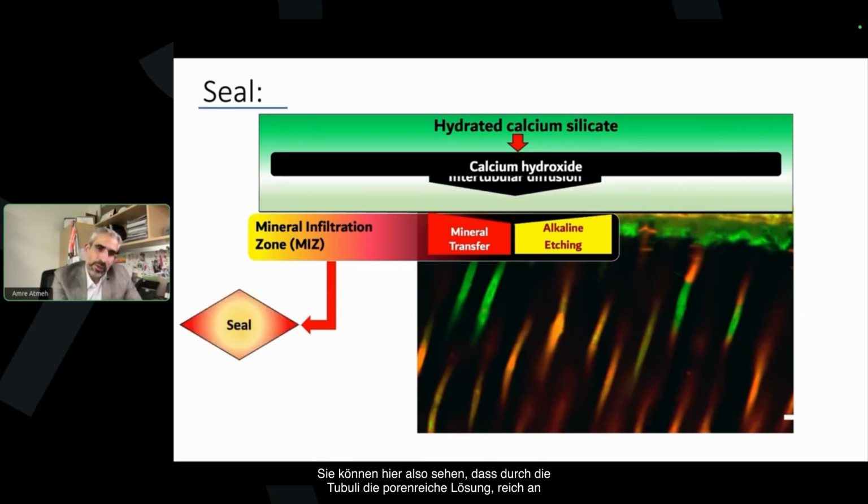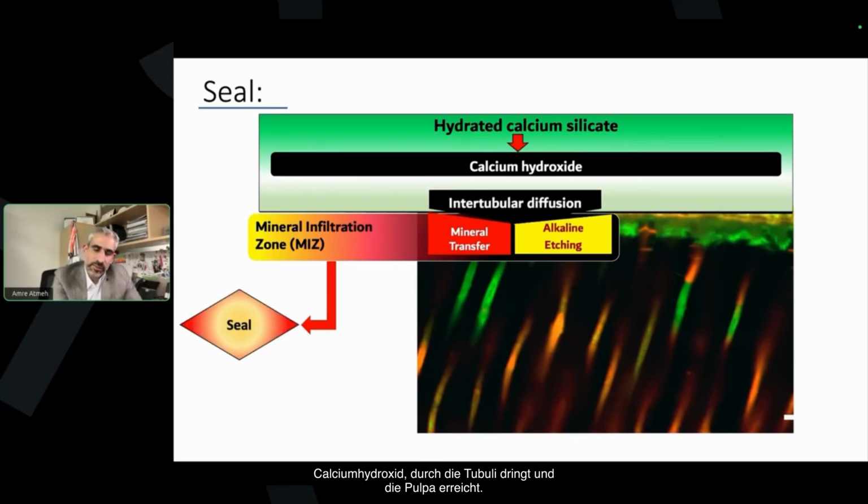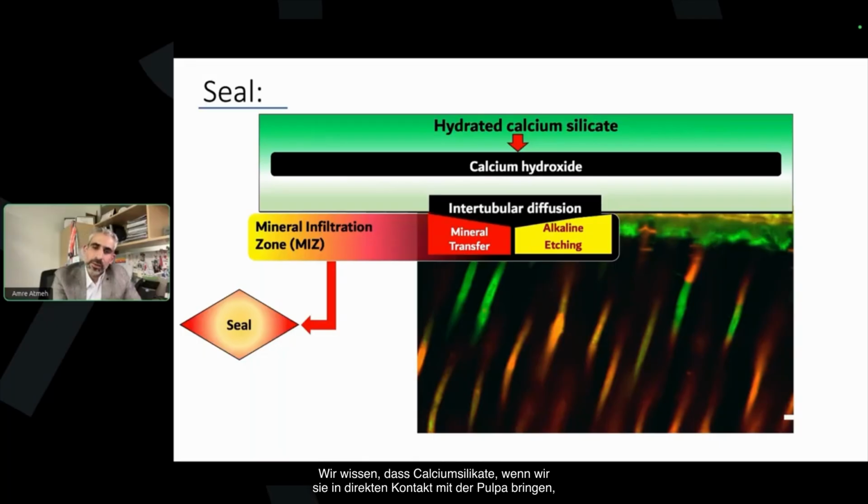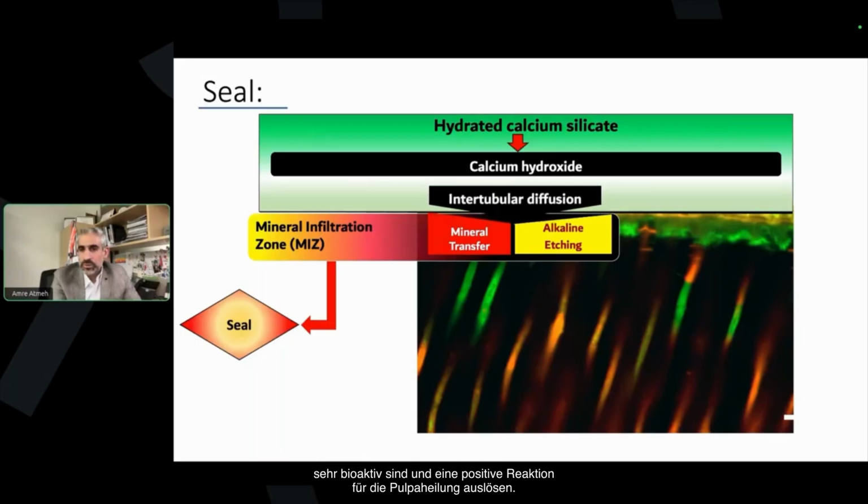And that's why such materials, because of their interactivity with dentine, are suitable at a basic level to provide a proper seal and prevent any leakage, which gives, again, the basic conditions for the pulp to heal.